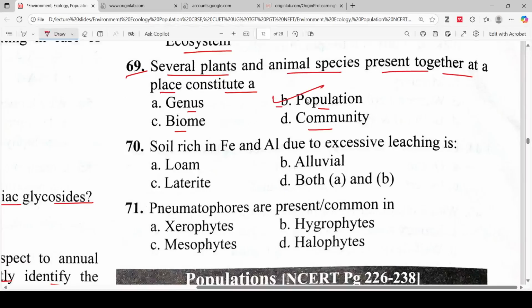So the correct answer will be option D, community. Next question.